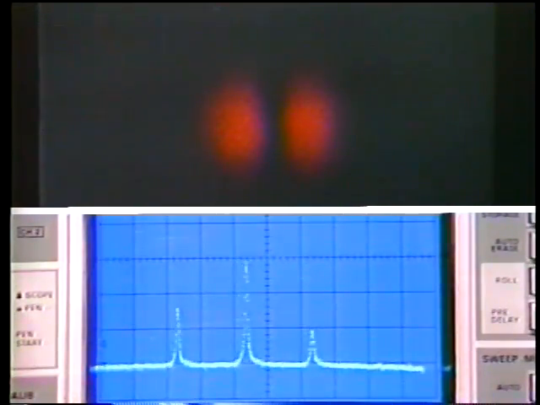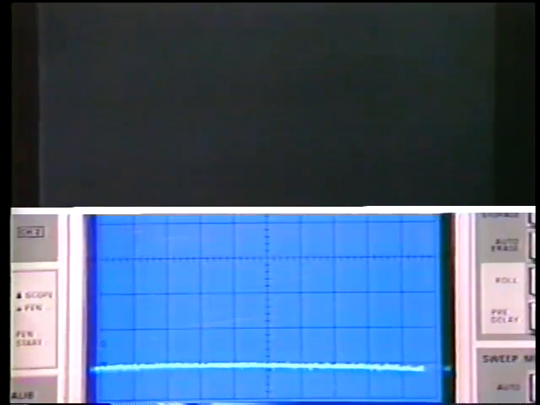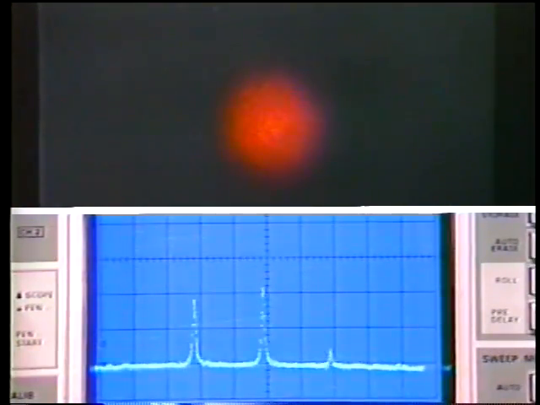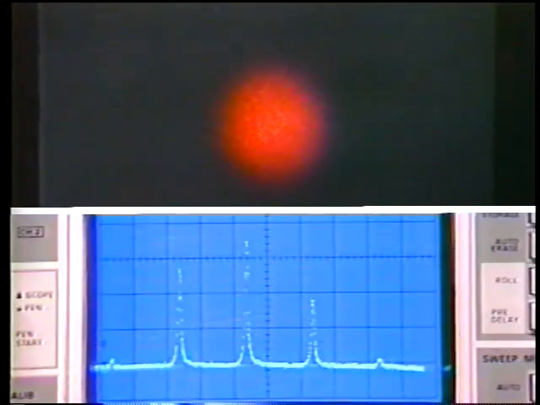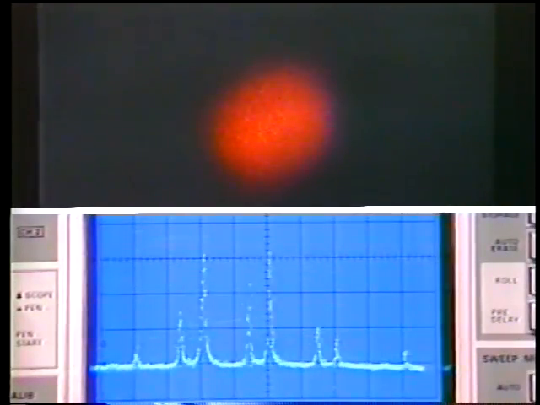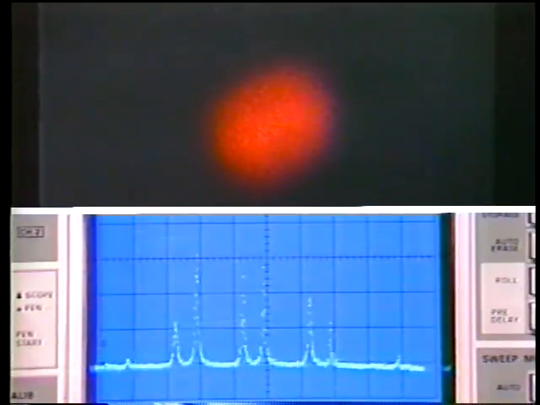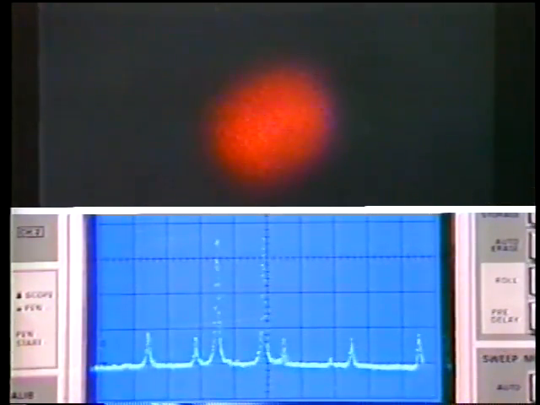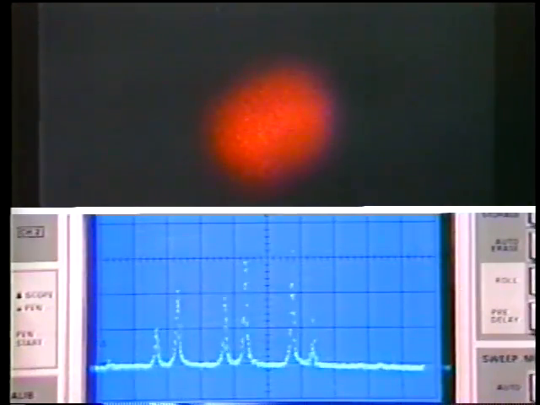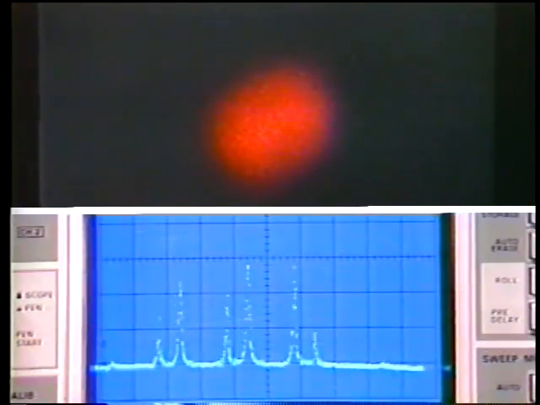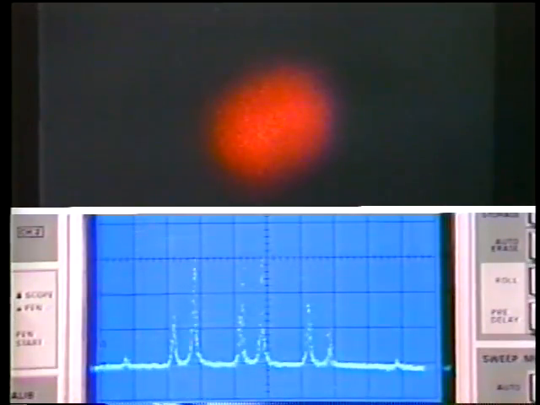Here we bring in the 0,1 mode, and now let me go further, get the wire sort of out of the way of the cavity. And now you can see that I'm bringing in other transverse modes. It's difficult to tell from the intensity distribution, it just looks like a blob, but below in the frequencies you can see I'm bringing in other modes. And here I'll go further, and that's what it is.